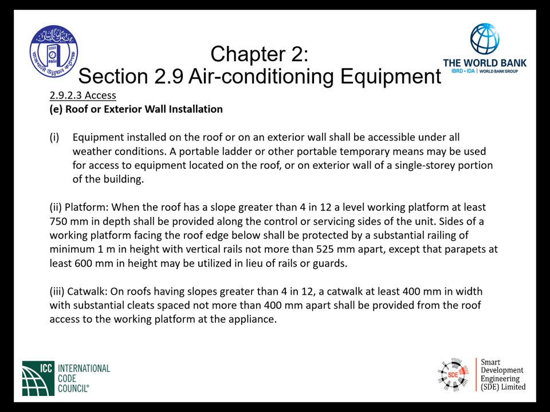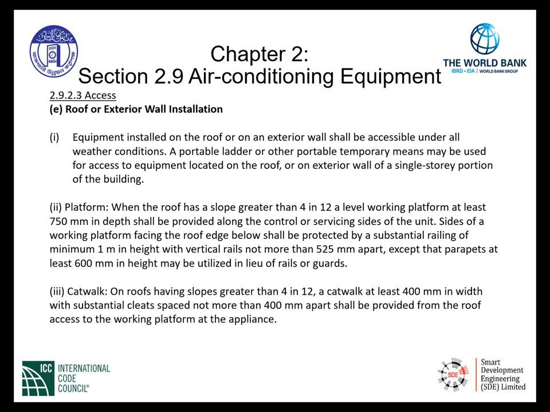This section clearly indicates that when we have a roof slope greater than 4 in 12, we need a level working platform to be constructed around and at all service sides of the unit, as well as control sides of the unit, for the safety of personnel working on that particular unit.